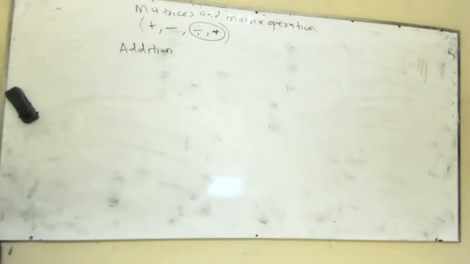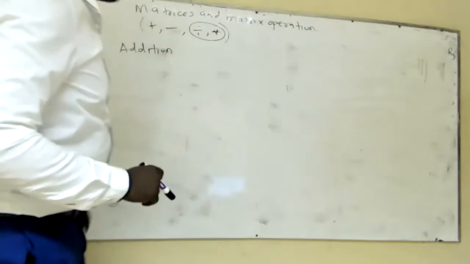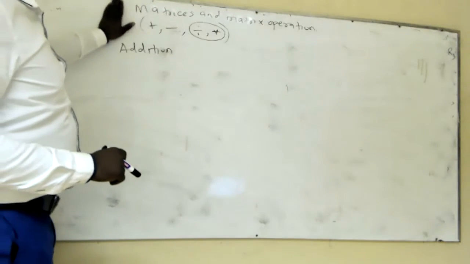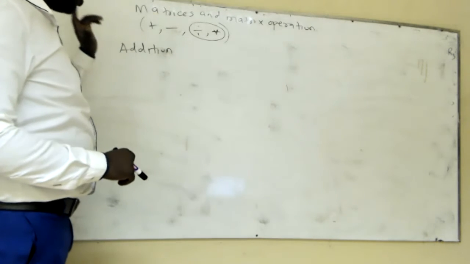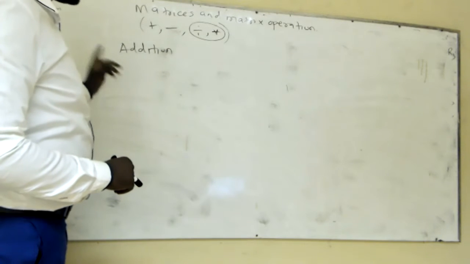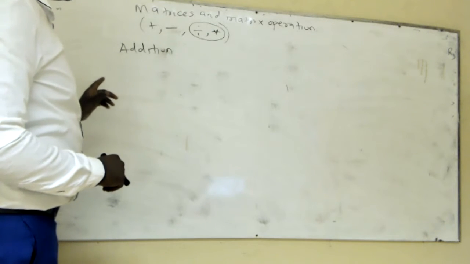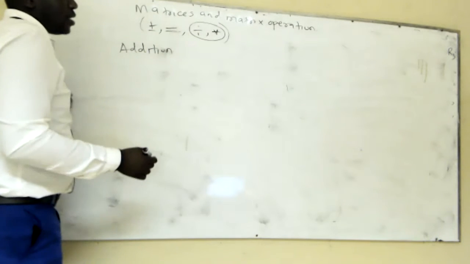Okay, Mr. Ndo, I think it's fine now. So I was still explaining the operations in matrices. The operations which apply the same way as when we are solving real numbers are addition and subtraction.